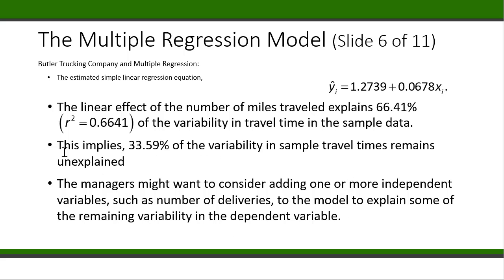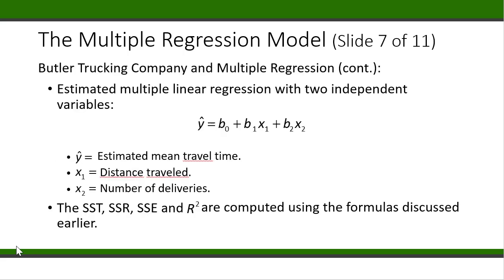As someone who's making decisions, you might want to think about it: are there any other variables or information that would help me predict y? So in our case, you would think about adding more variables to your equation. That's where we get to multiple regression. And so then we have our y hat, what we're predicting, equal to this equation now.